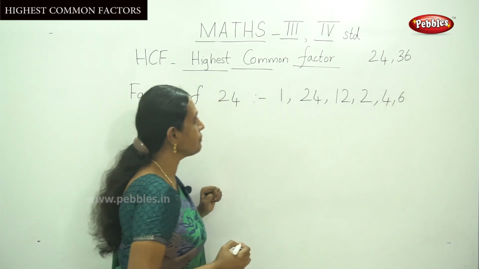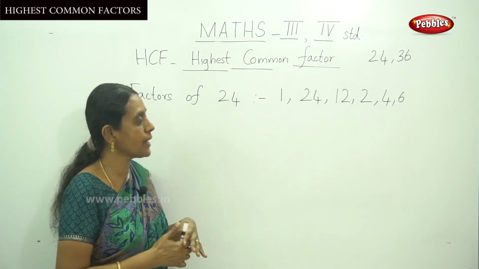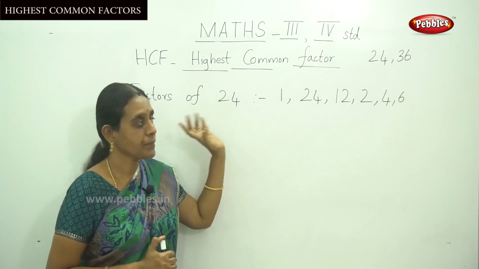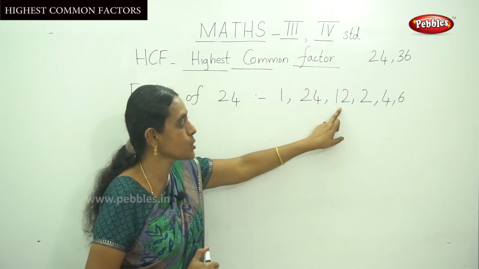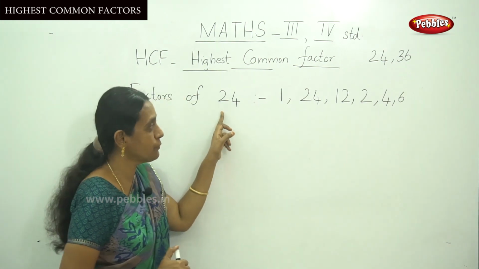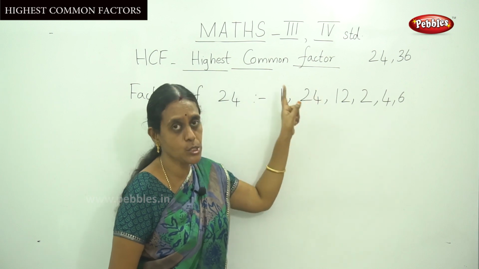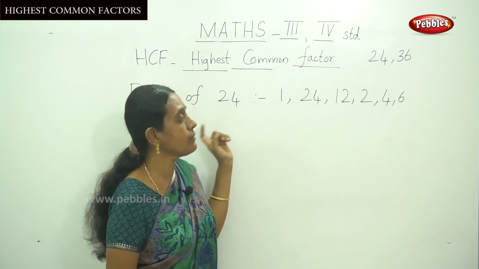Okay, so these are the factors of 24. This is the method to write down the factors. First you write the number 1 and the given number, because it's a must. Next, 12 twos are 24, so 12 is a factor of 24 and 2 also.